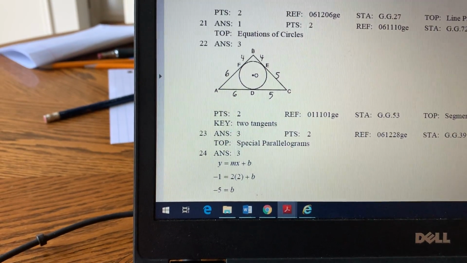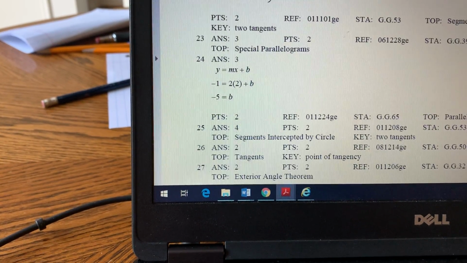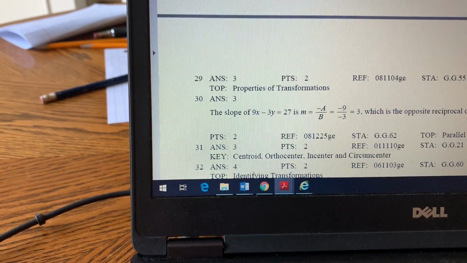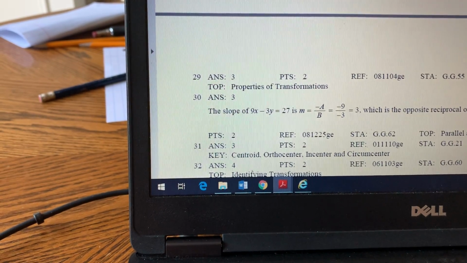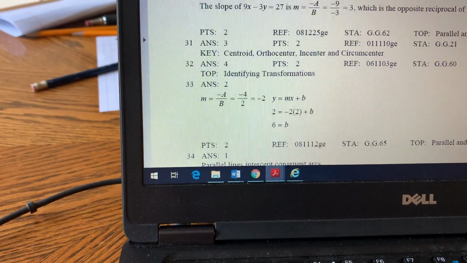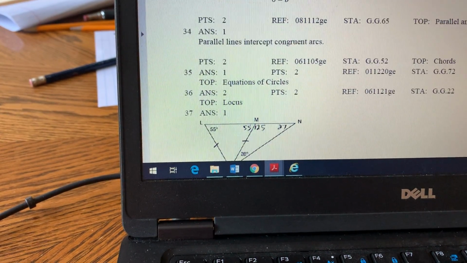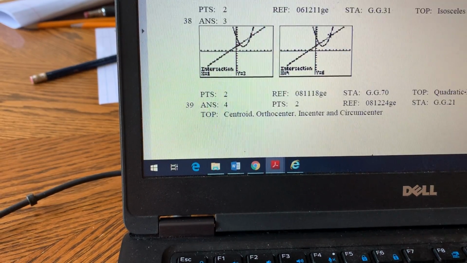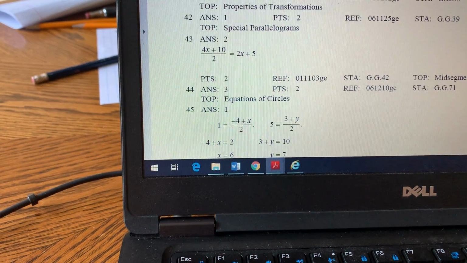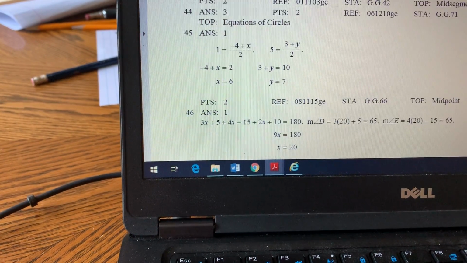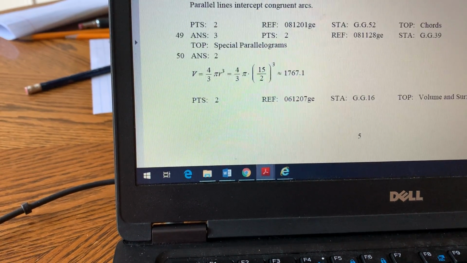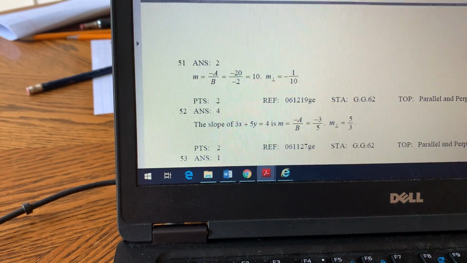Yeah, this is probably where it started. 23 is 7. 24 was 8. I think it's definitely the section where I kind of felt it. 29 is 9. 30 is 10. 31 is 11. 38 is 12. 44 is 13. 49 is 15. Maybe not as many as I thought.